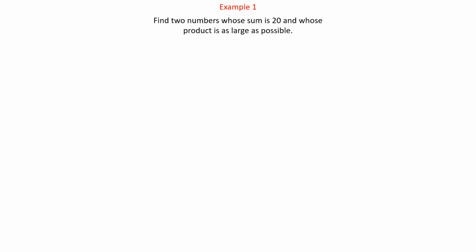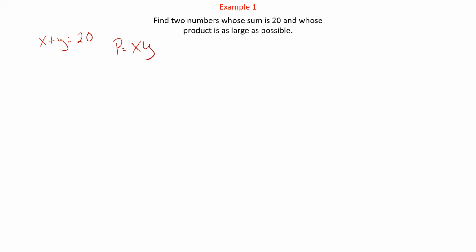First example, find two numbers whose sum is 20 and whose product is as large as possible. So we have two numbers whose sum is 20, so we've done these problems before. x plus y equals 20, and whose product is as large as possible. So the product equals x times y. Well, that's a lot of variables.